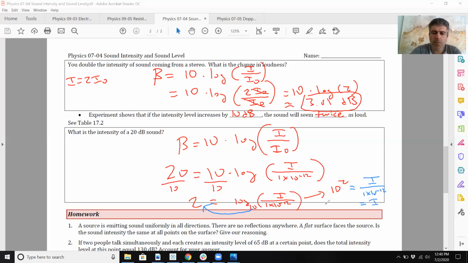So I is going to be 1 times 10 to the negative 10 power, and that'll be the intensity of the sound, in watts per meter squared. So we see that by increasing by 10 decibels, we actually see a 100 times increase for the intensity. So we won't do the homework problems down below.